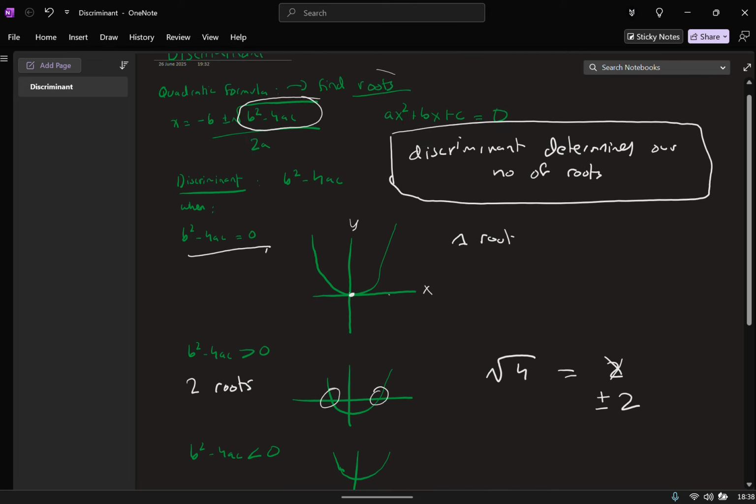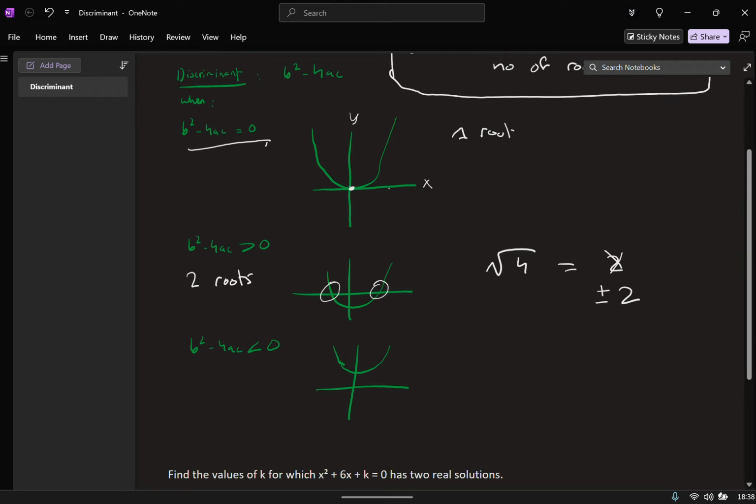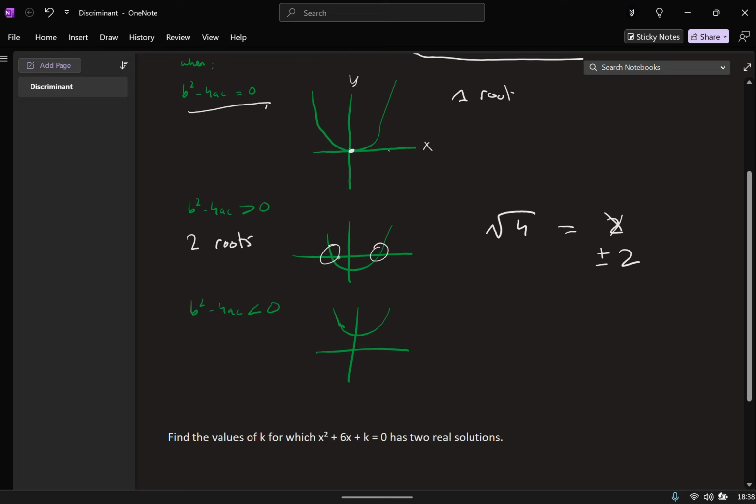So when we use the positive value we get one root, and when we use the negative value we get another value for x. So we get two x values, two places where it intercepts the x-axis, and therefore two roots when b squared minus 4ac is positive.